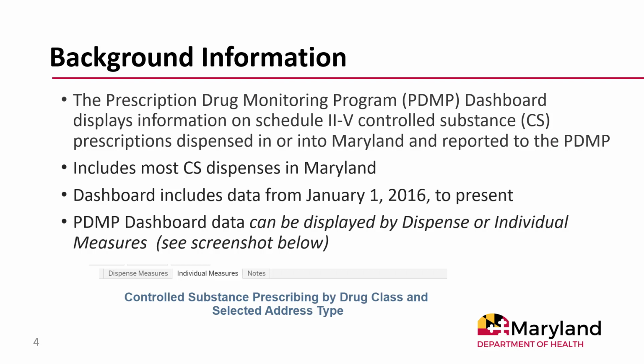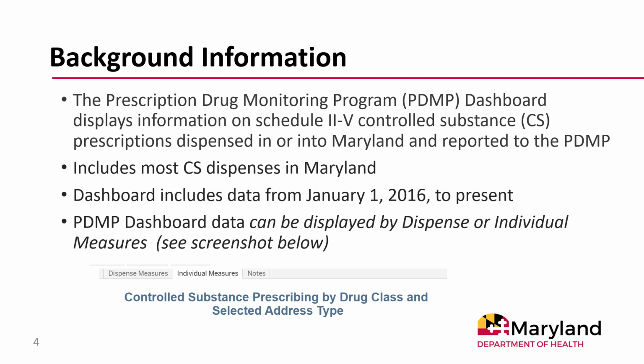The PDMP receives data from pharmacists or prescribers who can dispense in their office. The PDMP includes most CS dispenses in Maryland. It does not include CS dispensed in hospitals, drug samples to hospice patients by a veterinarian clinic or hospital, and dispensing within an opioid treatment program.